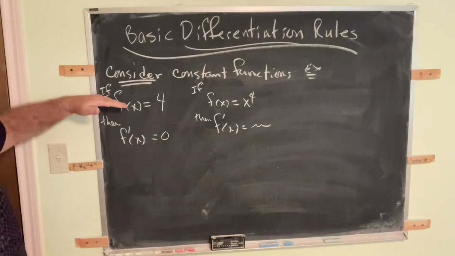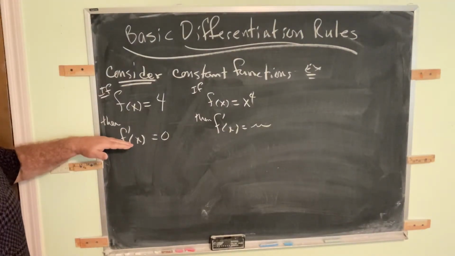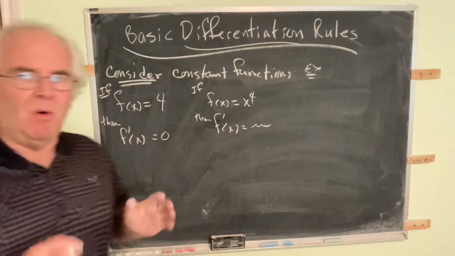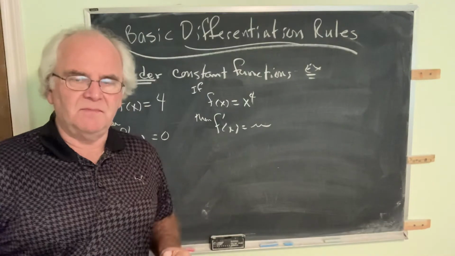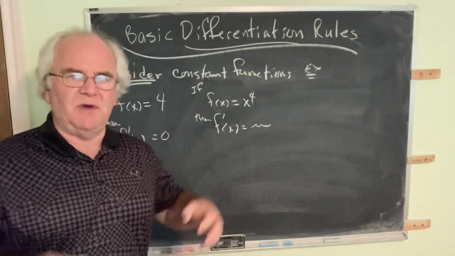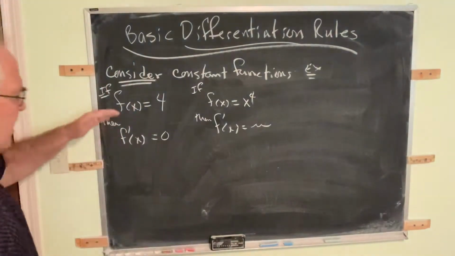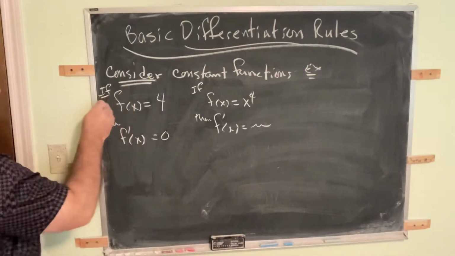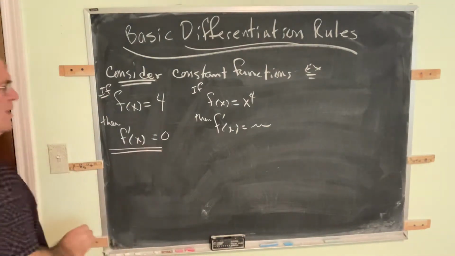You need to write the original function, and then you need to write the value of the derivative. It turns out there's a more concise way to express this information.